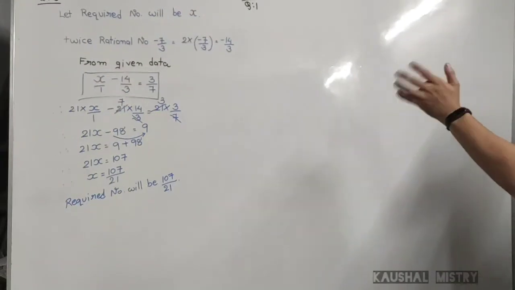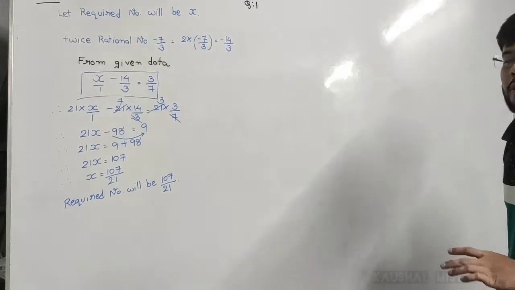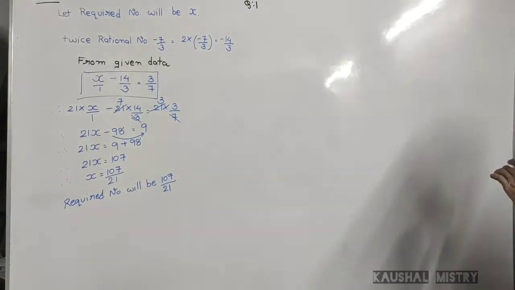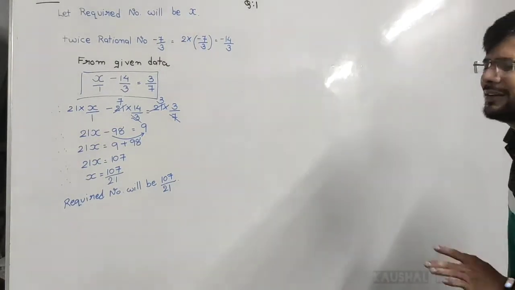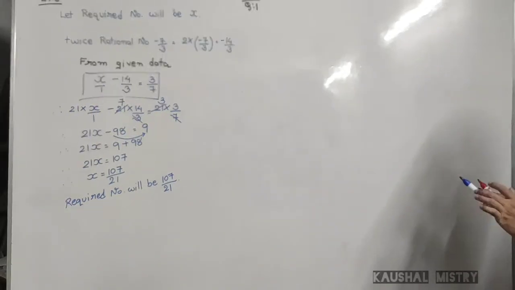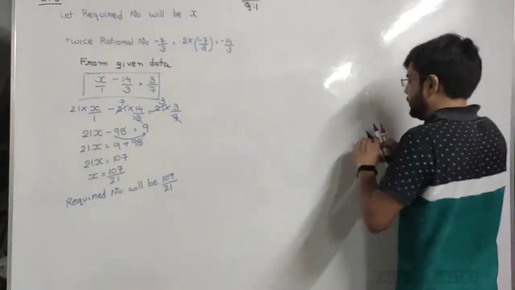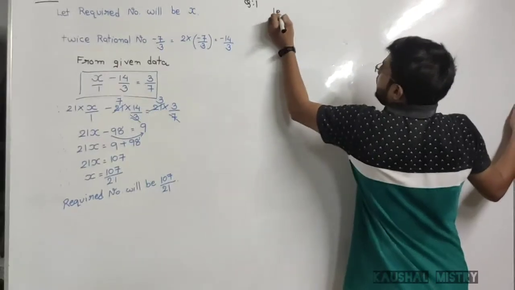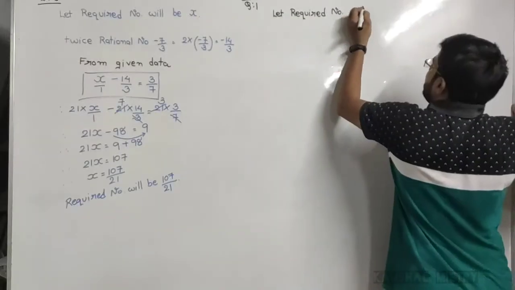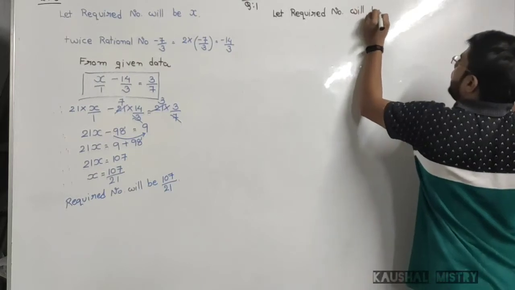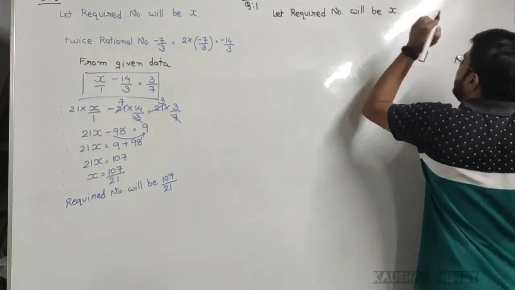You can take any alphabet, right? But we will take it as x. Now that means let the required number be x, right?